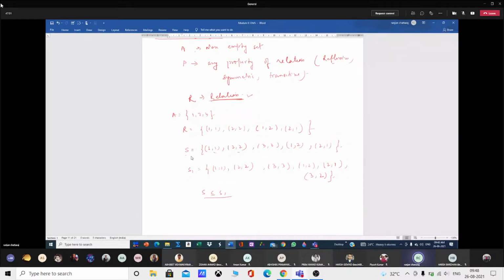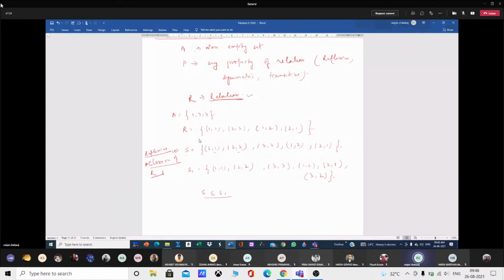Yes, sir. Okay. This S is called the closure of R. What closure? Reflexive closure. Reflexive closure of R.